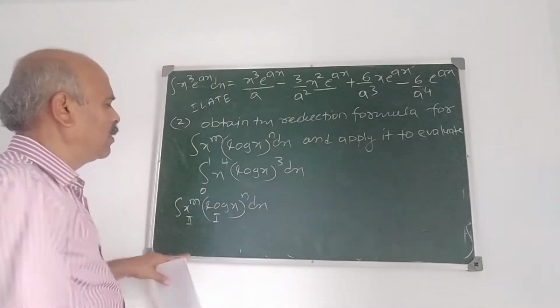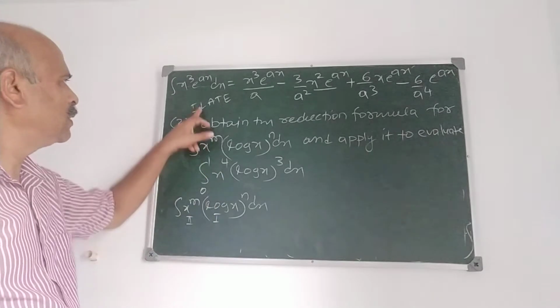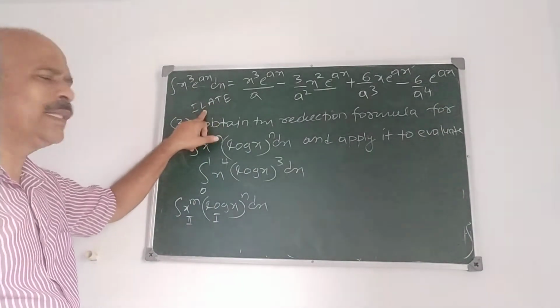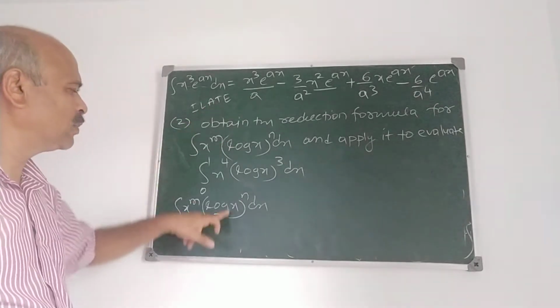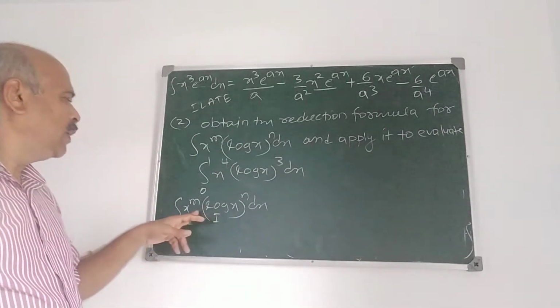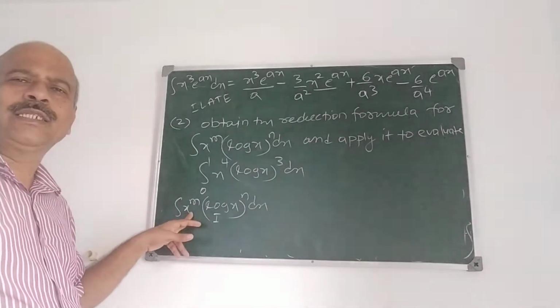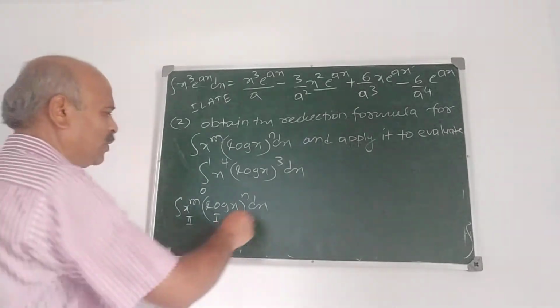If there is a product of algebraic and logarithmic, logarithmic comes first, then algebraic. So I have taken logarithmic first, algebraic second, so that the second function's integration should be easily known. So x raised to m is second function.